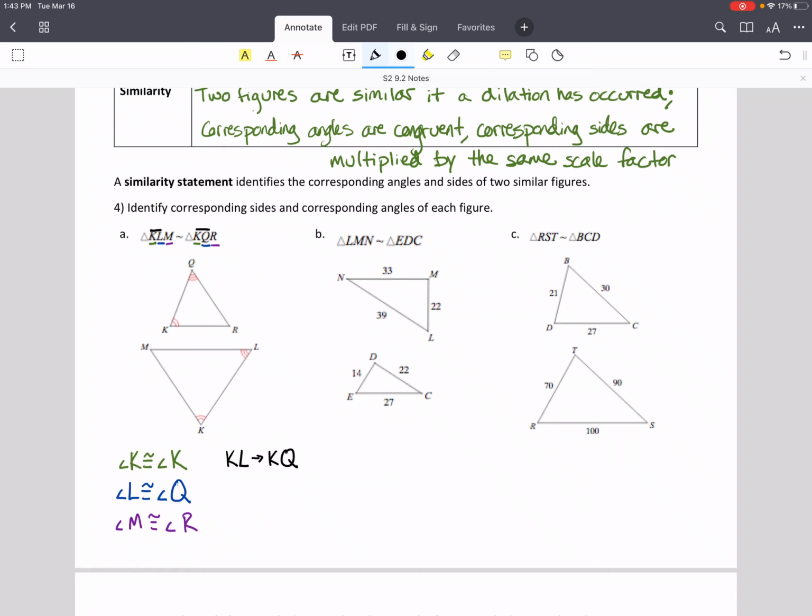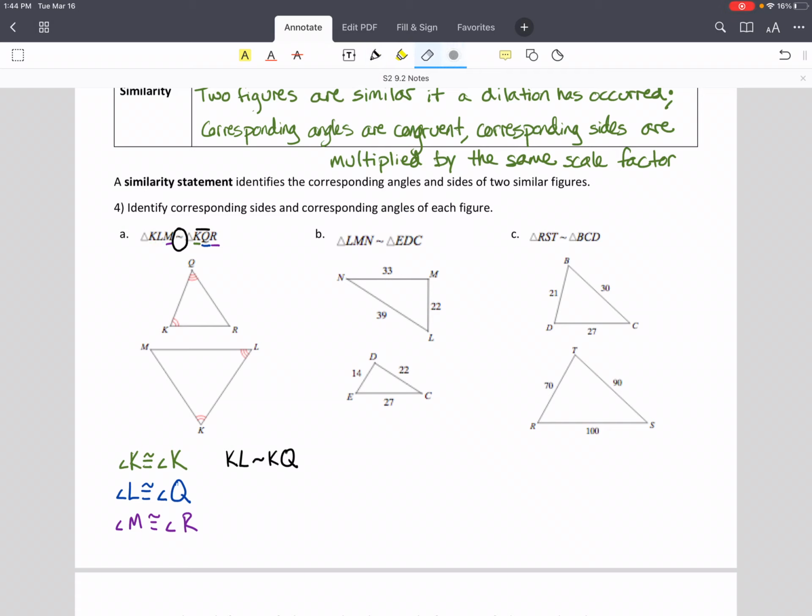Yeah, we're just going to use the arrow to say that those go together. I'm actually going to use this statement. If you notice this little squiggle, the little tilde, that represents is similar to, and so we'll just use it to go with our side lengths as well. In the future, we won't always say it like that, but for right now, we will. So KL is going with KQ.